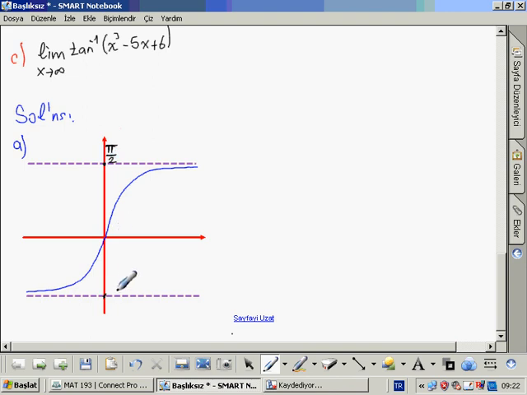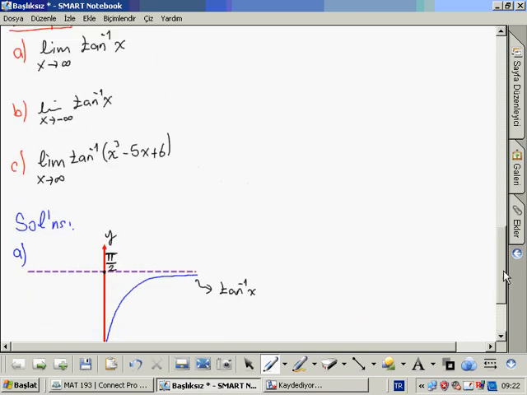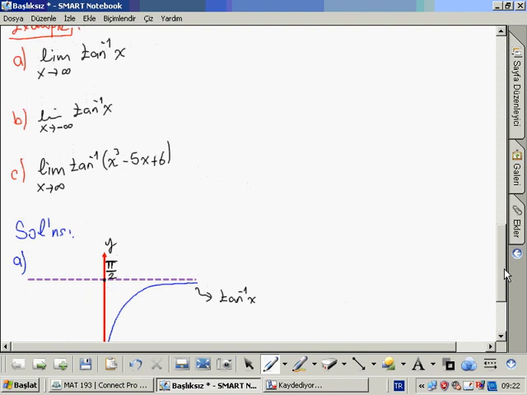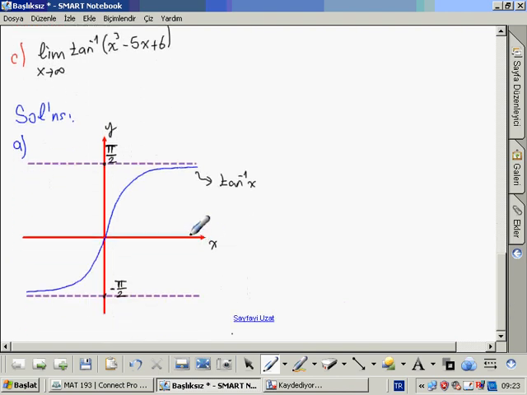Here is pi over 2, and this is minus pi over 2, and this function is inverse tangent x. For part A, please remember that as x goes to infinity, as you see, our function goes to plus pi over 2.